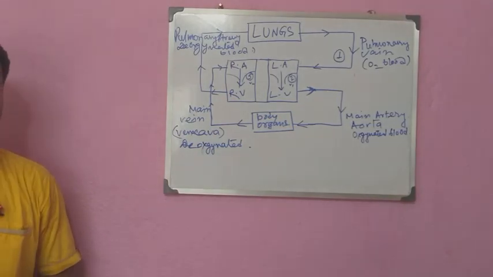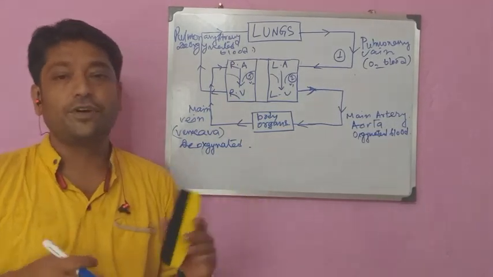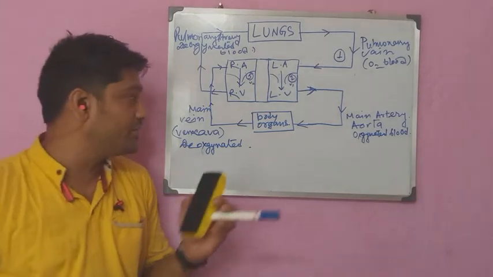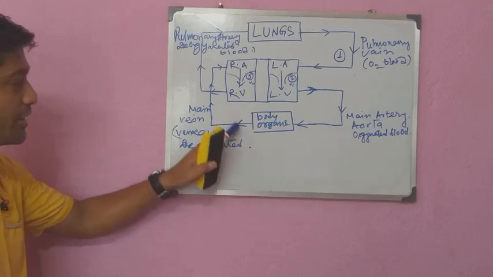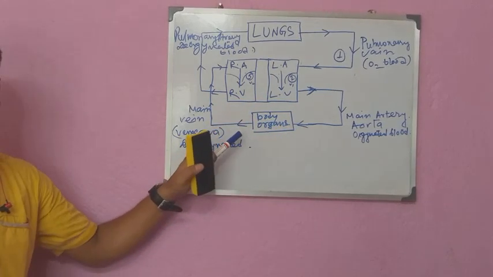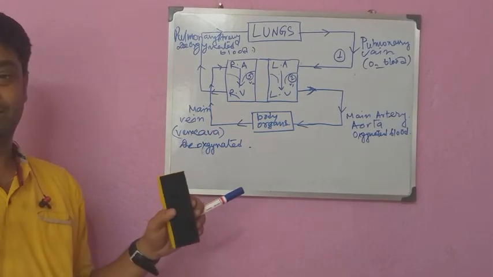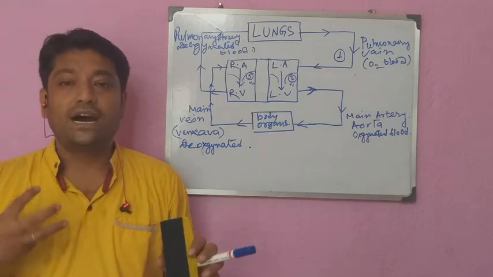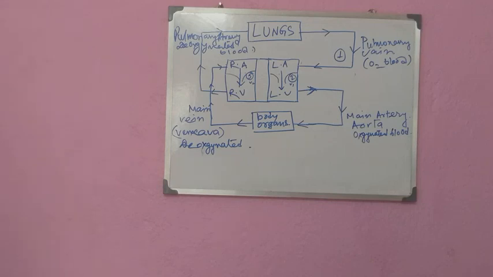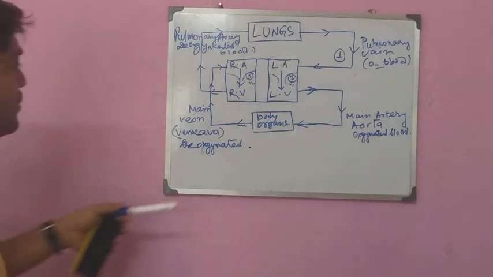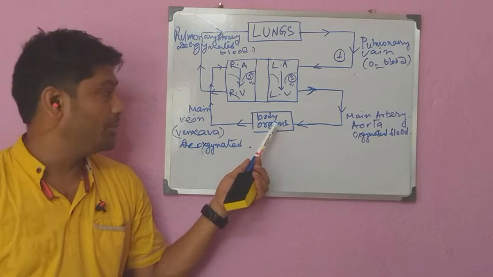From the body tissues, the deoxygenated blood carrying carbon dioxide is pumped back to the heart, into the right atrium, by the vena cava. Understood?